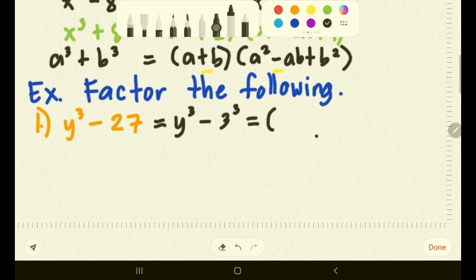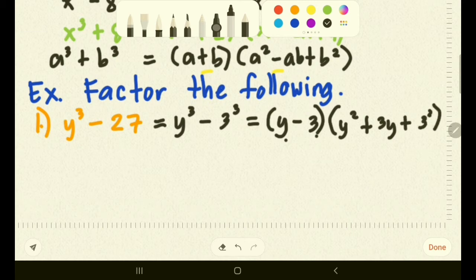So you take the base of y cubed, that is y. Take the base of 3 cubed, that is 3. And then from your binomial factor, you get the trinomial factor. So square the first, it's y squared, and then plus, you multiply the two terms, y and 3, that is 3y. And then you square the 3.